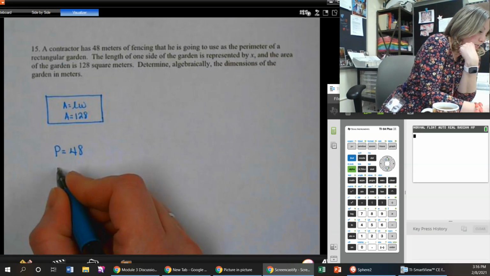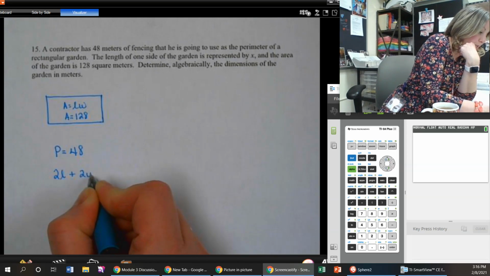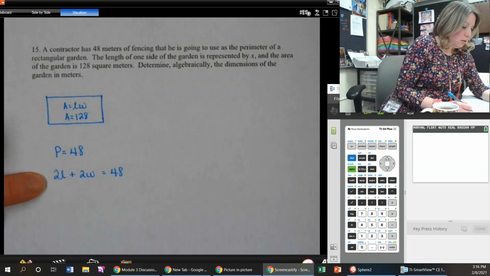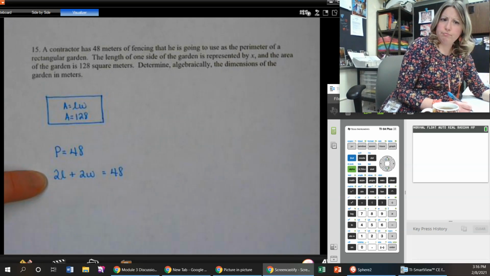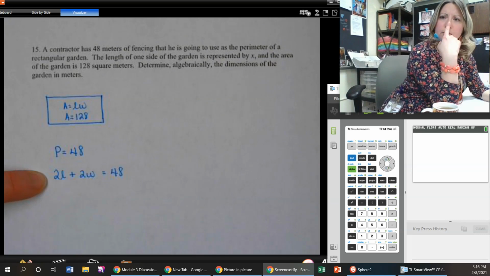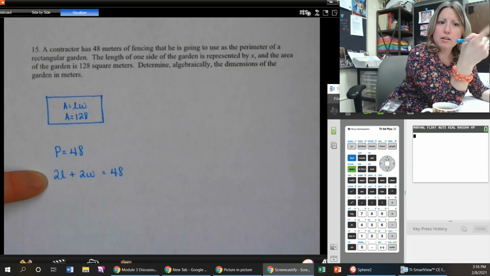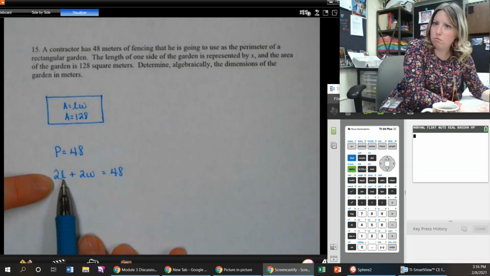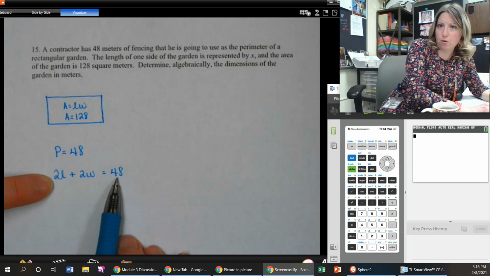Well, perimeter is 2L plus 2W equals 48. Let's see here. Length. If I know that, what if I get length alone and then I have the other one for width, right?